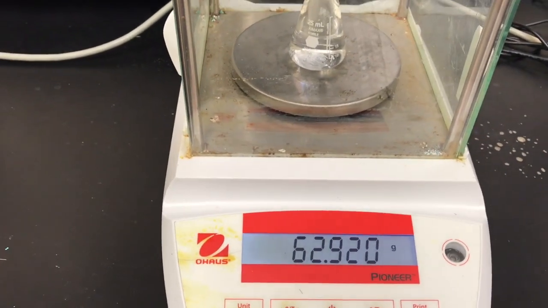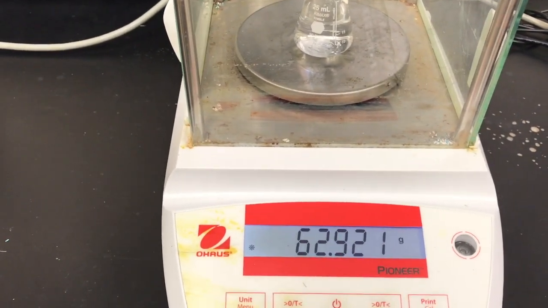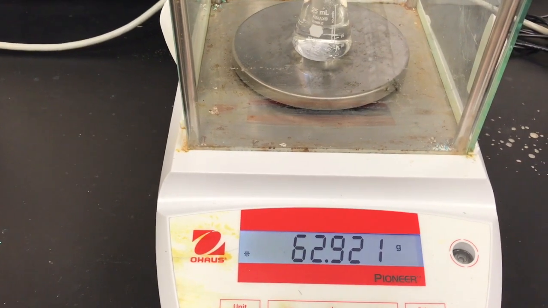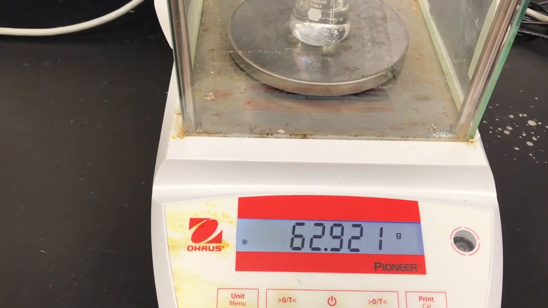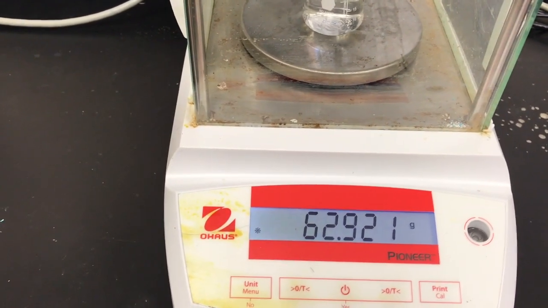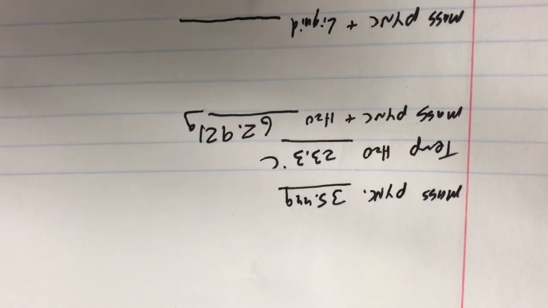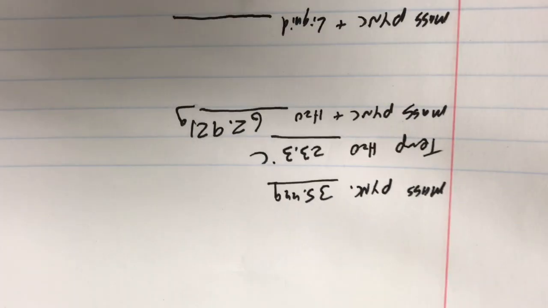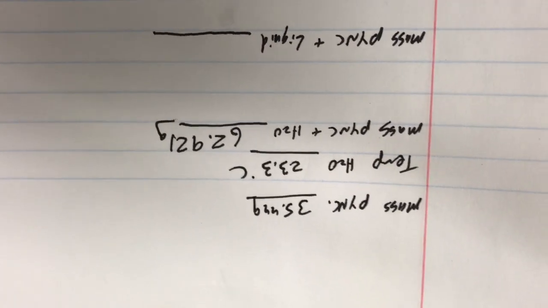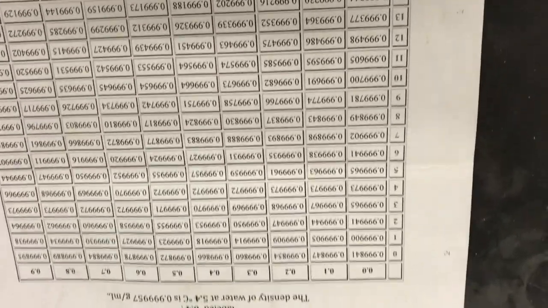All right, so the mass of the pycnometer and the water is 62.921 grams. Remember at the beginning when we took the temperature, and the temperature was 23.3 degrees? Well, if we check our density table, we can figure out the actual density of water at this temperature.